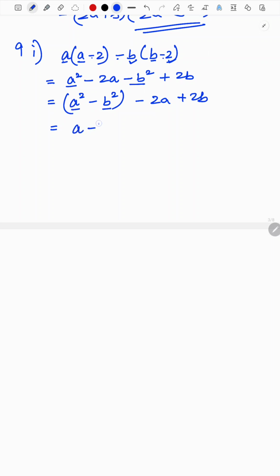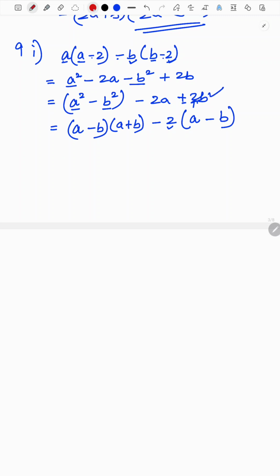I can rewrite this as a minus b into a plus b, which we have been doing since the very first number. Here I'll take 2 as common. So after taking minus 2 common, this becomes a, and this plus becomes minus 2. This 2 has come out as common, leaving behind b. So I have 2a minus b.